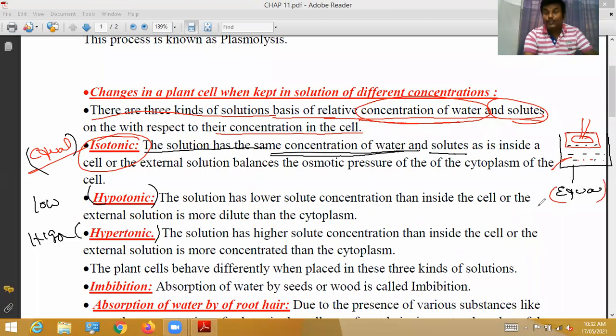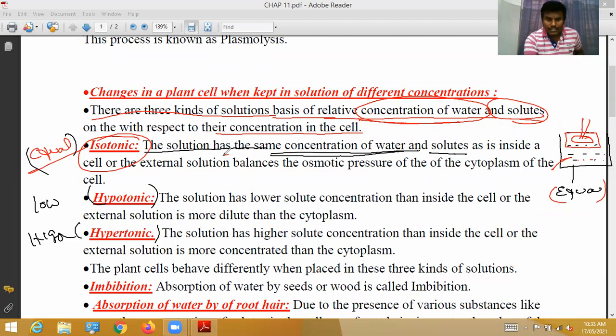That's why it is called an isotonic solution. When we keep a plant cell in an isotonic solution, nothing happens. Why? The inside concentration of water and solutes and the outside concentration are similar, equal.